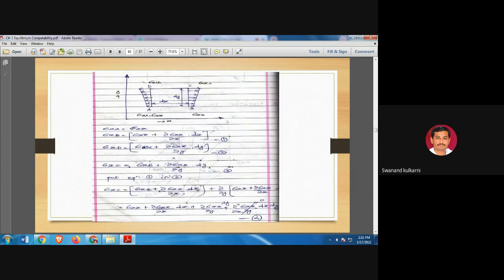Stress at point B we are considering sigma xb. Stress at point C we are considering sigma xc, and stress at point D we are considering sigma xd. So these all are stresses at points A, B, C, and D. Now we are going to identify these stresses.